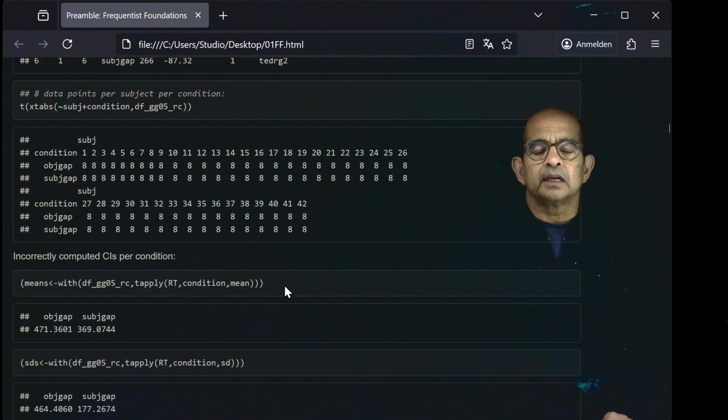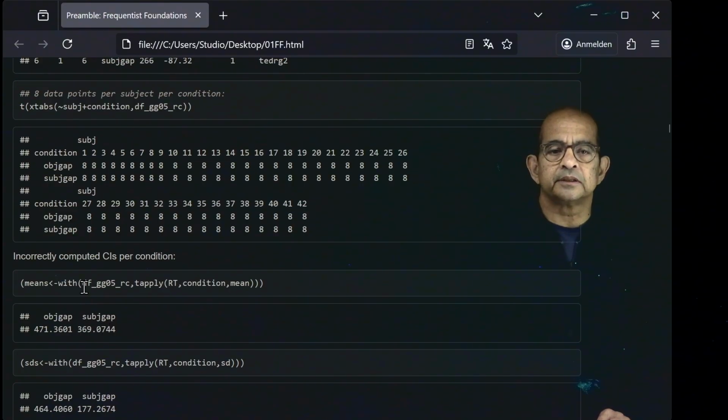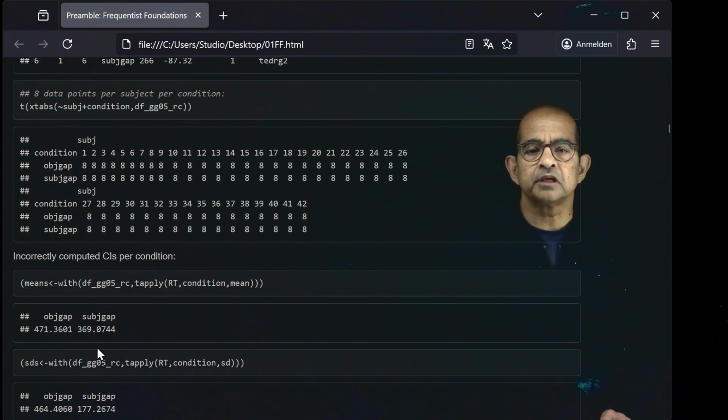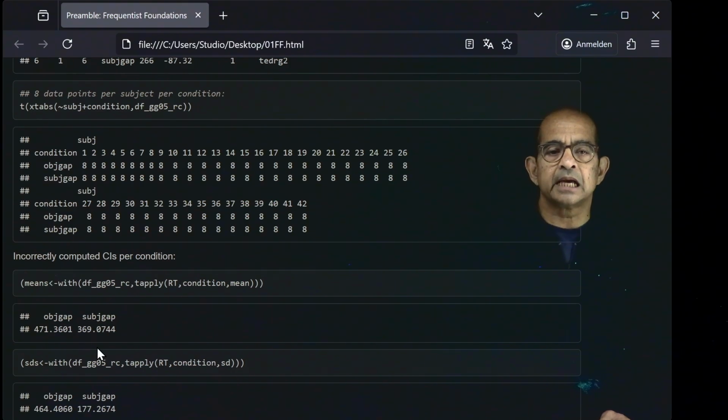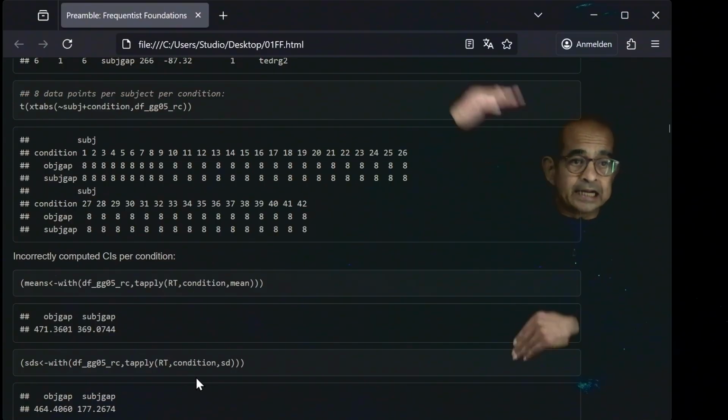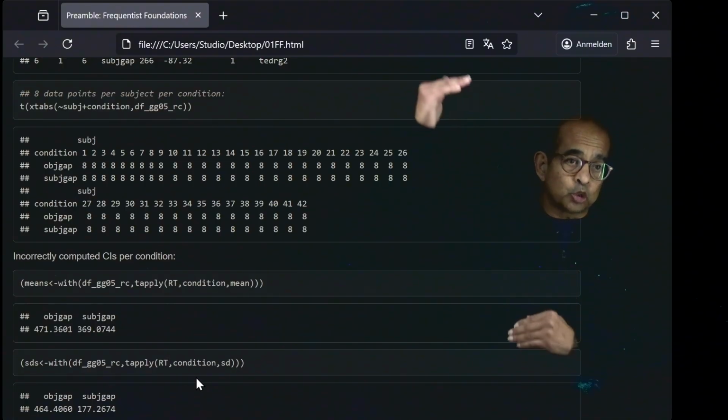Let's first just ignore this detail and compute the sample means. There are the two sample means that we have for the object gap and the subject gap, and we can also compute the sample standard deviation. So this is now a mistake, right? This is a mistake because we're calculating the standard deviation over the entire data set which contains correlated data.